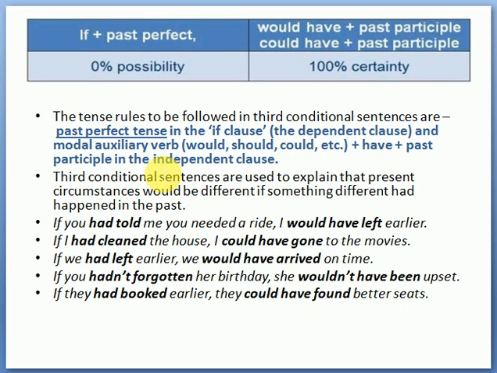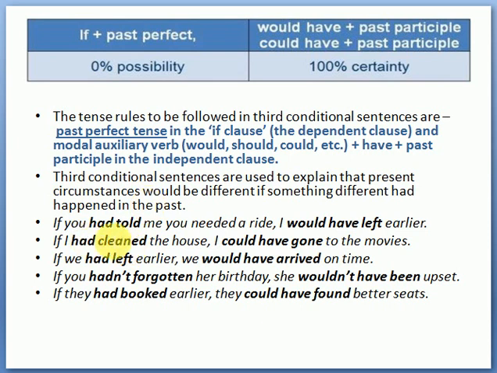Whereas in the second conditional, the simple past tense is used in the if clause, whereas in the main clause modal auxiliary verb plus first form of the verb is used. So this is what also makes it different from the second conditional, the grammatical structure plus its use, because it talks about the regrets and the impossible situations in the past as well as the results in the past.